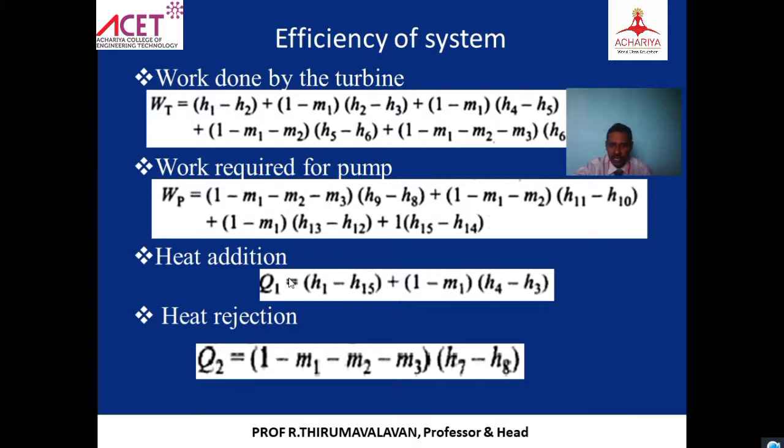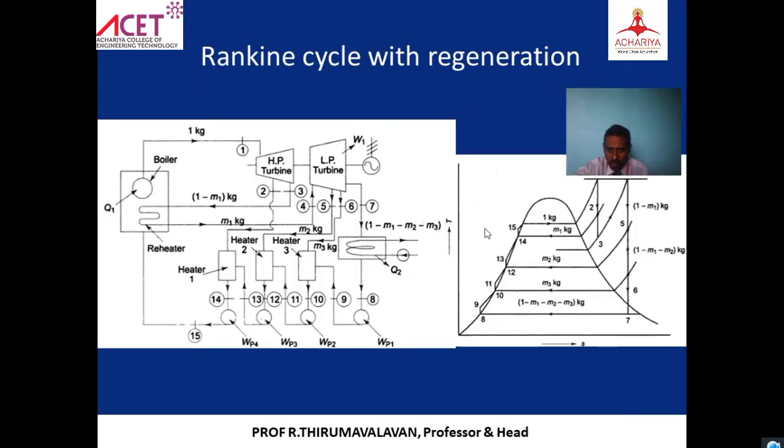So heat addition takes place in 2 stages. What are the stages? One is going to be H15, right? From this it starts to 1. So H1 minus H15, how much? 1 kg. Here there is a heat addition process.